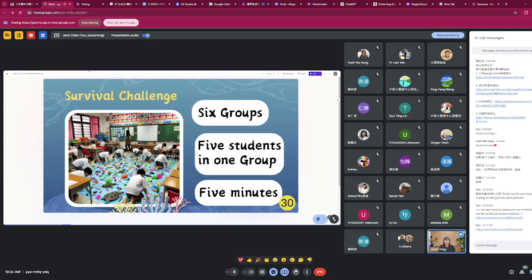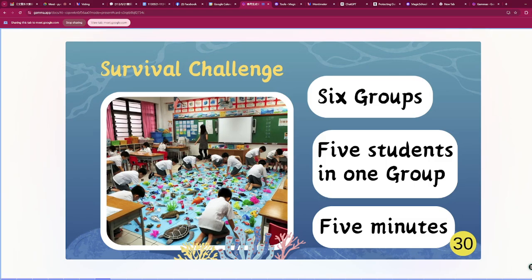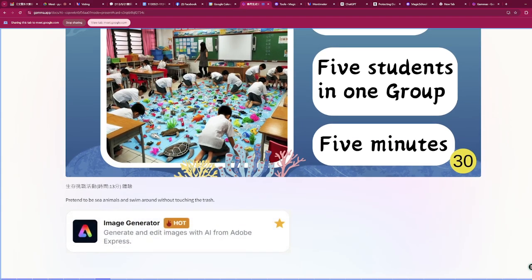My point is, this is a group of teachers who came up with this hands-on lesson using an AI generated image so that we know what they have in mind in terms of classroom activity. I think it's a pretty good way to illustrate, although the picture is a bit off, because implementing such an activity would not be feasible if we need to purchase so many different sea animal creatures in the classroom.